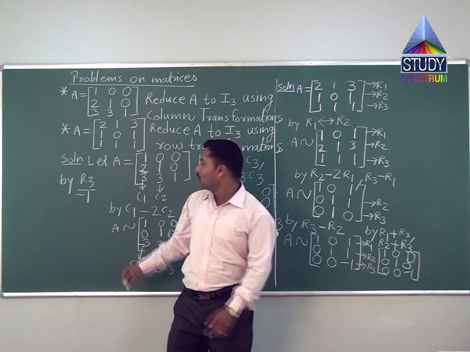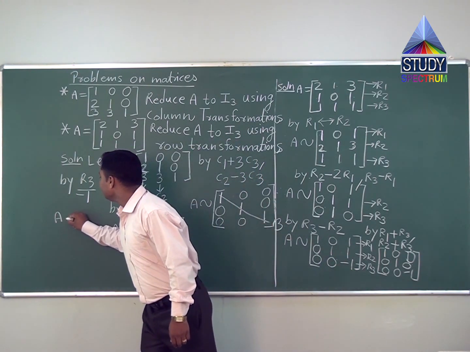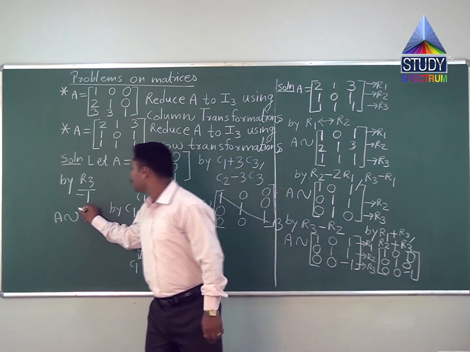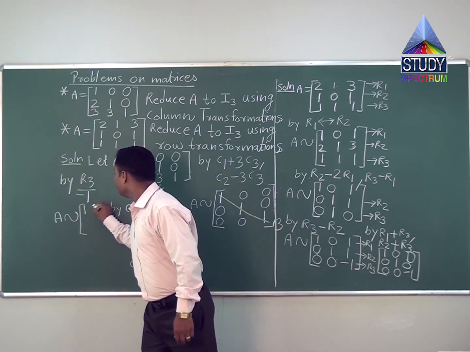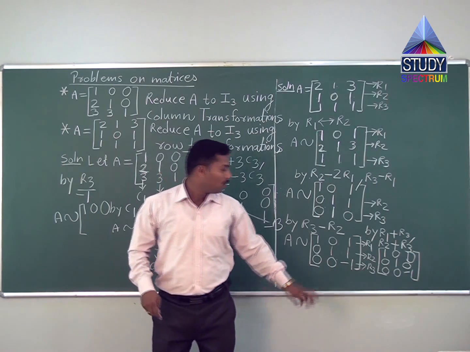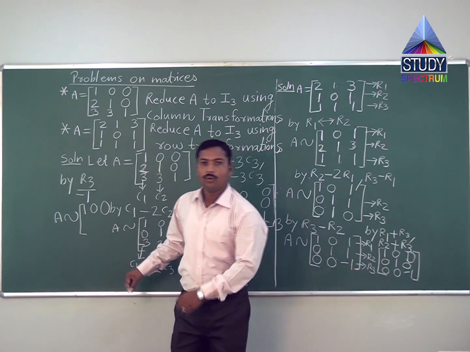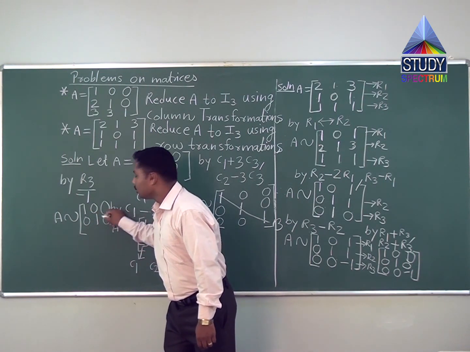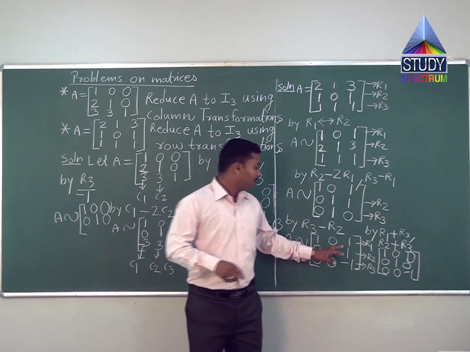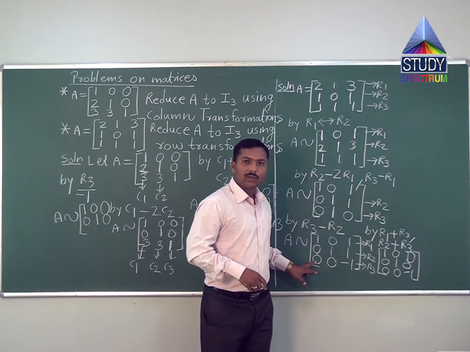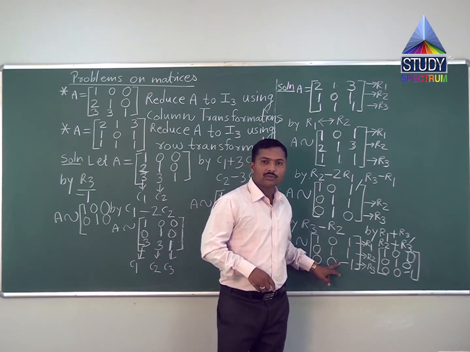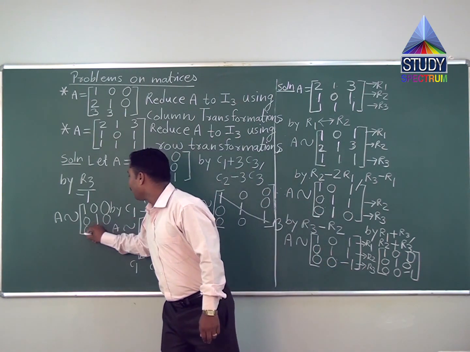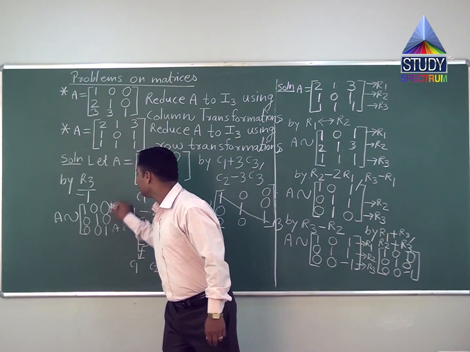A is equivalent to 1 0 0, 0 1 0, 0 0 1, and lastly 0 upon minus 1 is 0, 0 upon minus 1 is 0, and minus 1 upon minus 1 is 1.